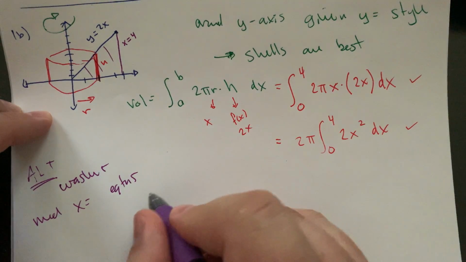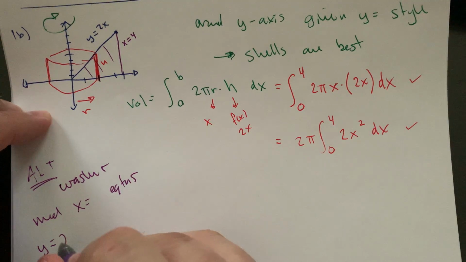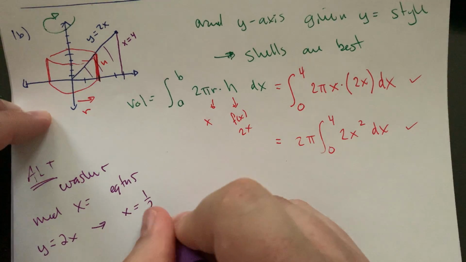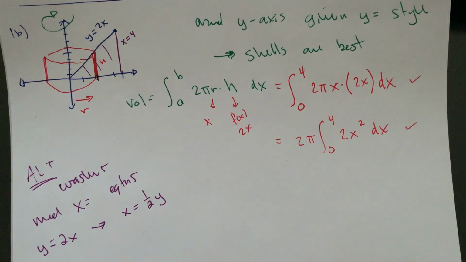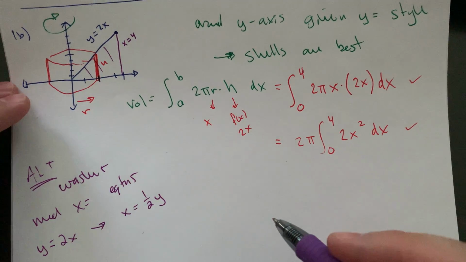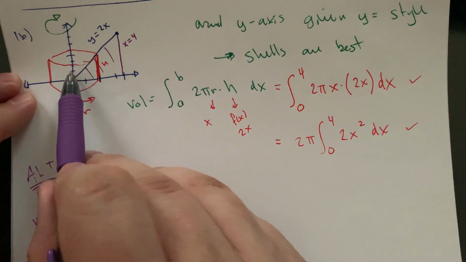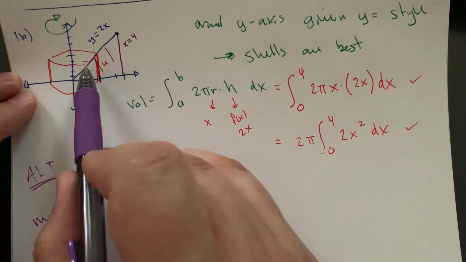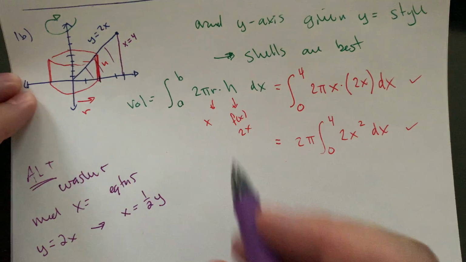So what happens here is y equals 2x becomes x equals 1/2 y, which would essentially be y divided by 2. And the idea is, if you're looking at it from this perspective and trying to set up a washer, you have an outer and an inner radius.